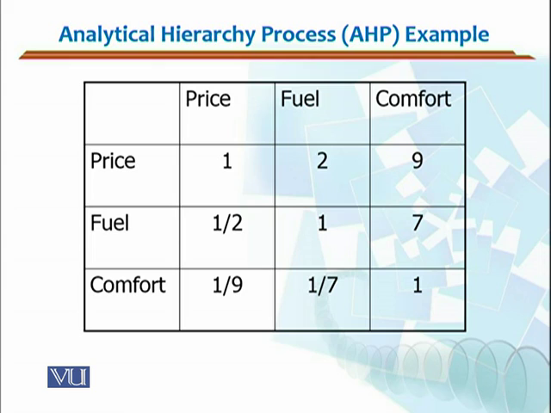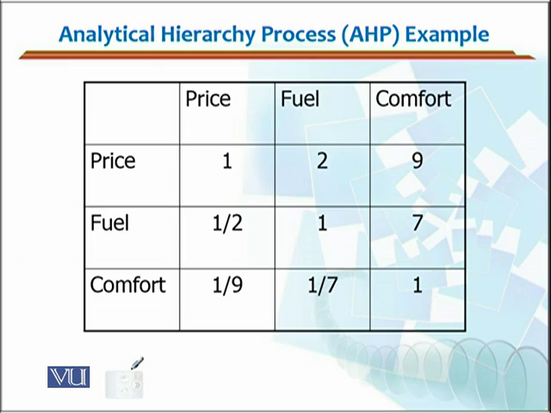Now, if you see, the pairwise comparison of price with itself is of course 1. That means both are the same. Whereas price to fuel, the pairwise comparison importance or weight is 2.